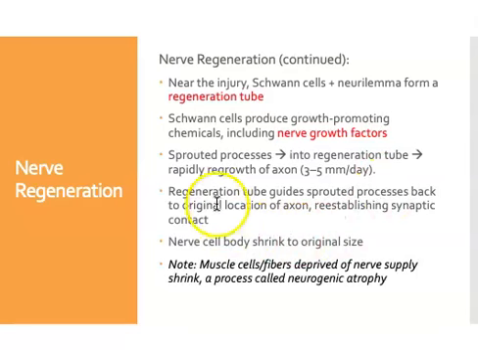The regeneration tube structure is going to guide these newly growing sprouted processes back to the original location of the axon. In other words, they're going to direct them where the rest of the axon used to be. That's going to help reestablish synaptic contact with other cells.